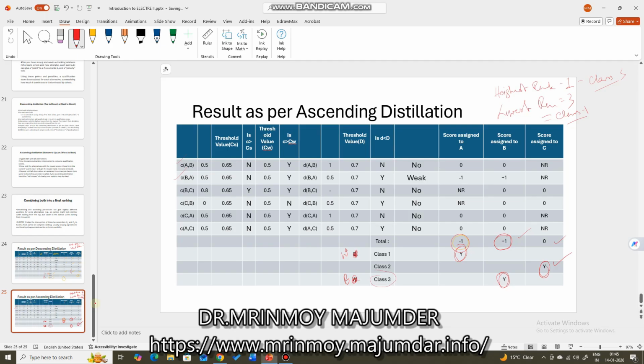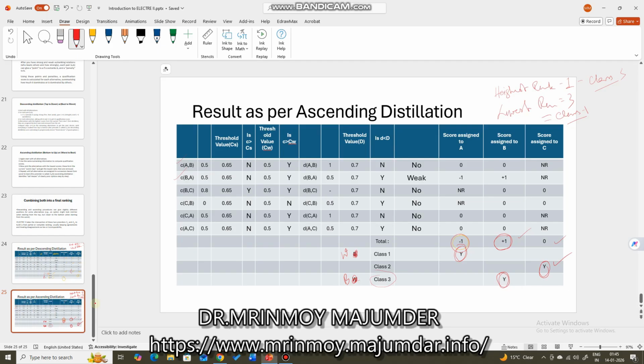But in case of descending distillation, we are following from best to worst. So the best will be that one which has the highest score. But in case of ascending, worst to best, the best alternative with the highest score will get the worst class. That is the difference.